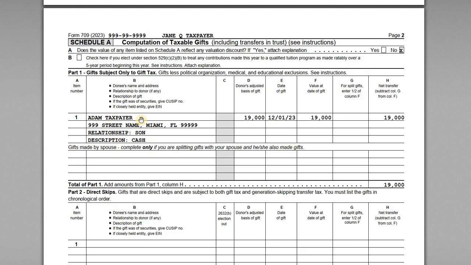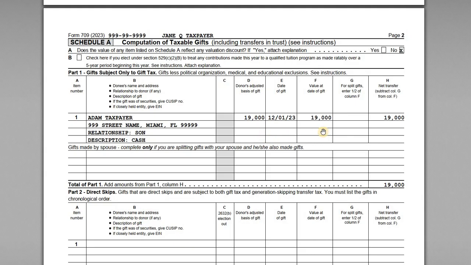All right, so we've got just Schedule A Part 1 here for our cash gift to a non-skip person. So for Adam, the taxpayer's son, we put his name, mailing address, the relationship he has to the donor, and the description of the property that was gifted to him. In item F, the value of the cash on the date of gift was exactly the amount of cash, right? So cash is cash, and the basis for the donor is also the same number.